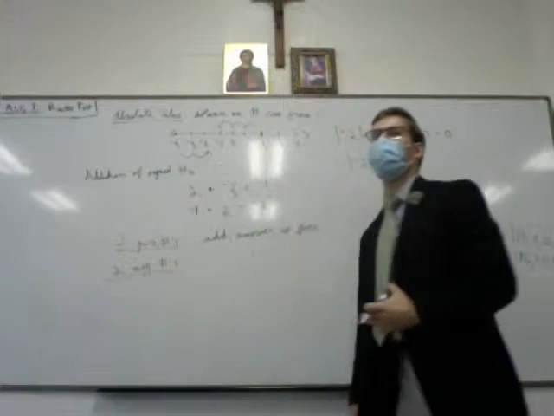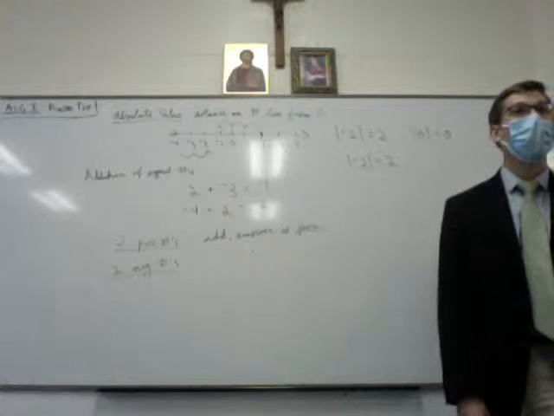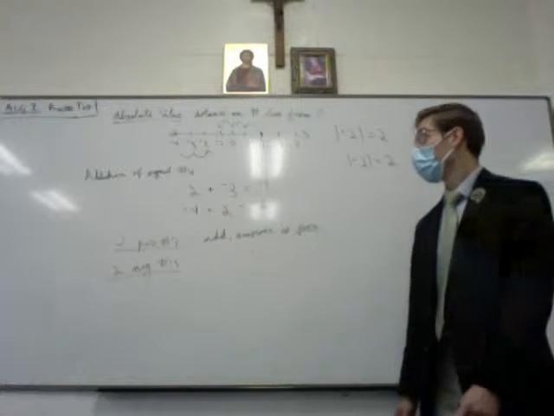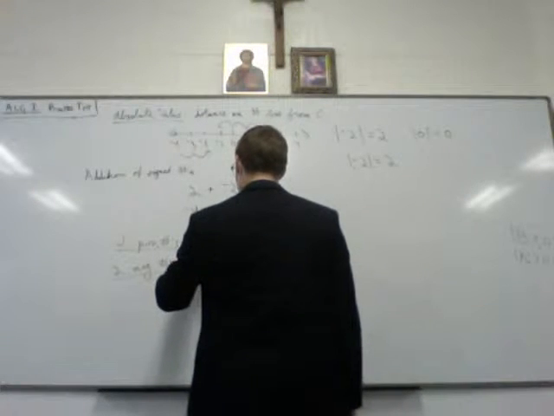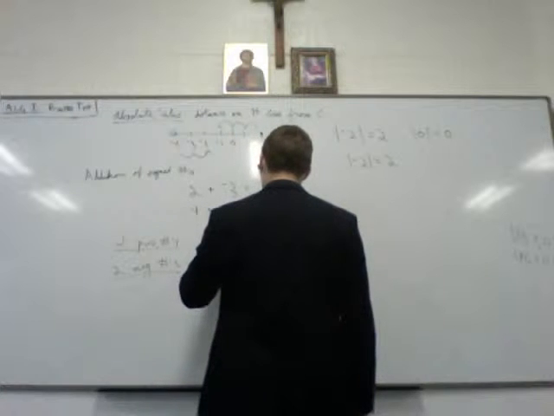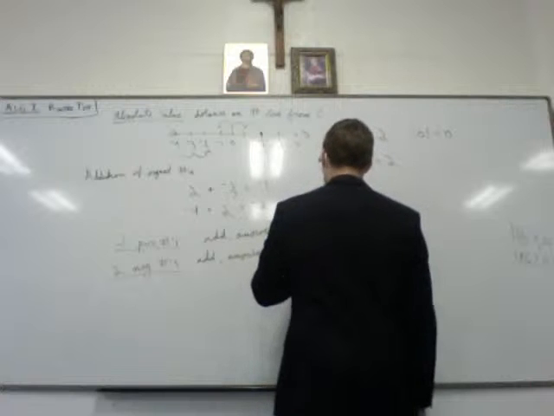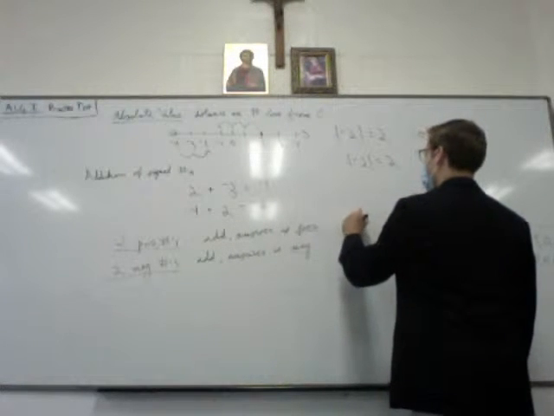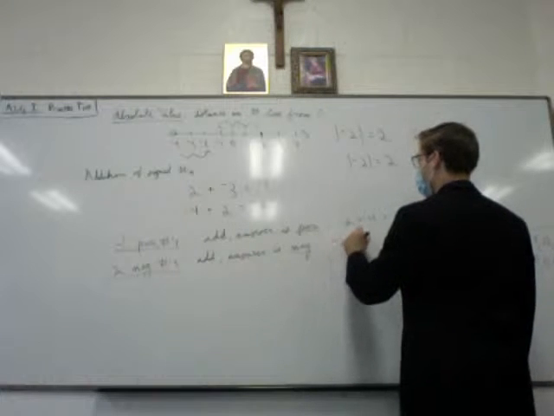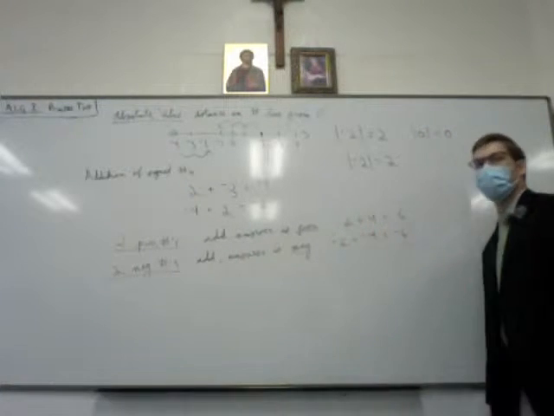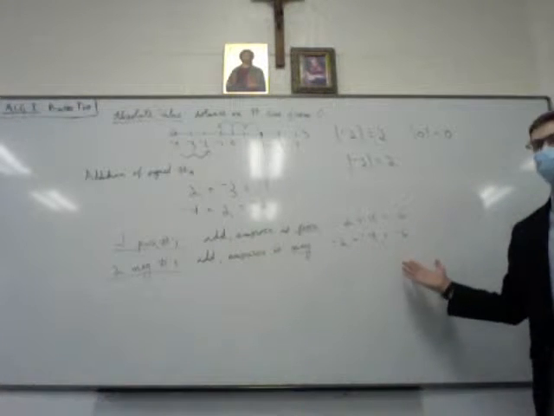So we have negative 2 plus negative 4. Yeah, our answer is going to be negative, but we still just add the absolute values together. All right, so let me write these examples here. So 2 plus 4 is 6. Negative 2 plus negative 4 is negative 6. We're still adding the 2 and the 4 together, and since they're both negative, our answer is also negative.